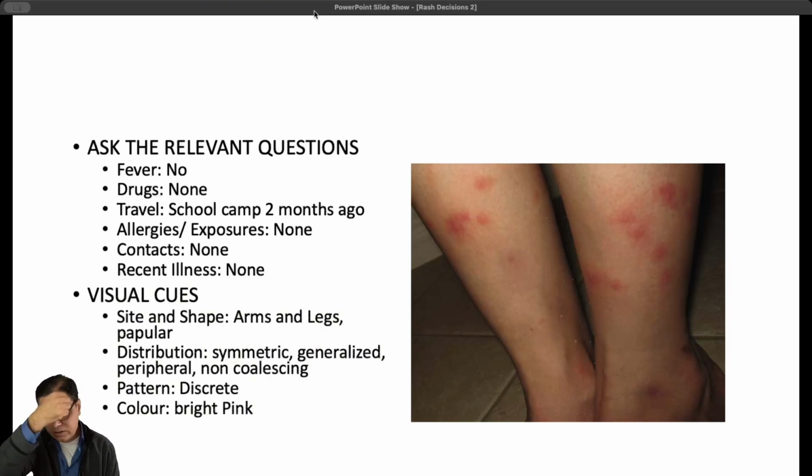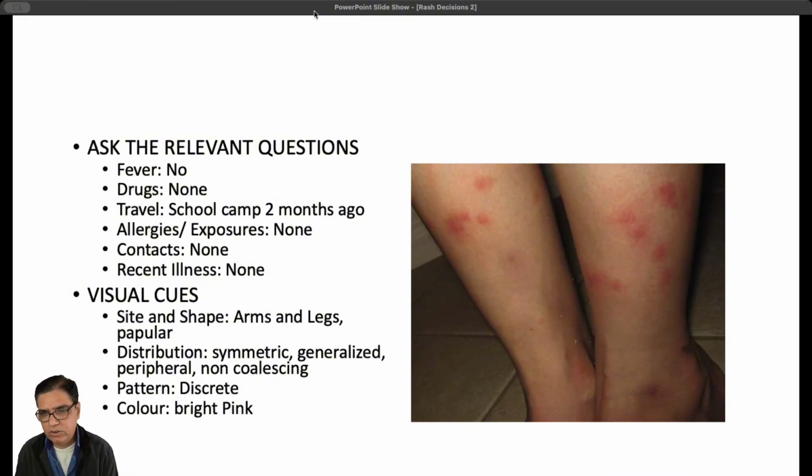Now, if you describe this rash, it is predominantly present on the legs and arms. It is papular in nature because you can see that these are small solid bumps less than 0.5 centimeter, predominantly on the lower legs and arms. They seem to be symmetric because they are present on both sides.